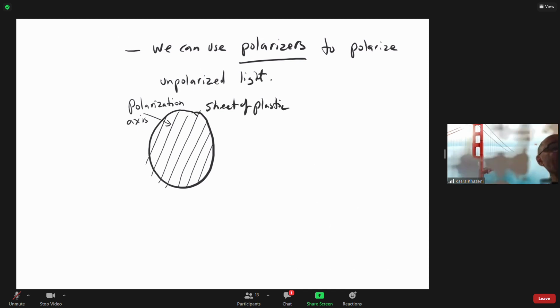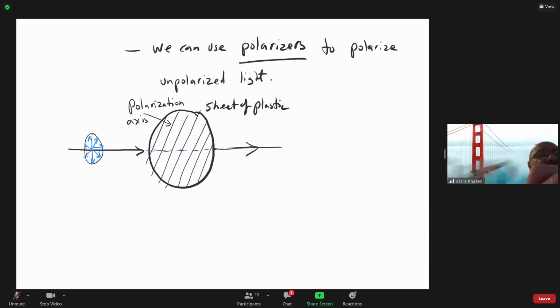Whenever you have unpolarized light coming in with its electric field all over the place, when it passes through and comes out, the electric field would be exactly lined up along the polarization axis of that polarizer.